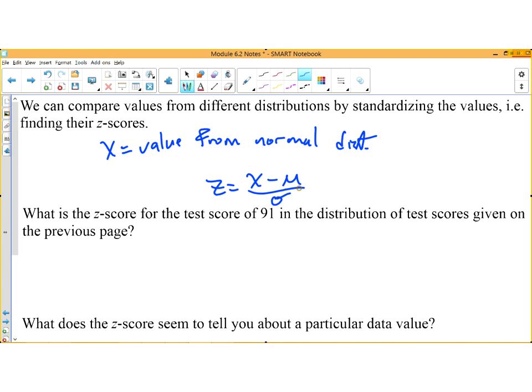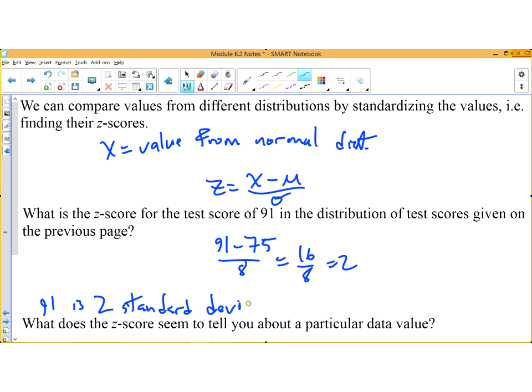We subtract off the mean, and then divide by sigma to see how many standard deviations. For the test score of 91, we take 91, subtract the mean of 75, and divide by the standard deviation of 8, which is 16 over 8, or 2.